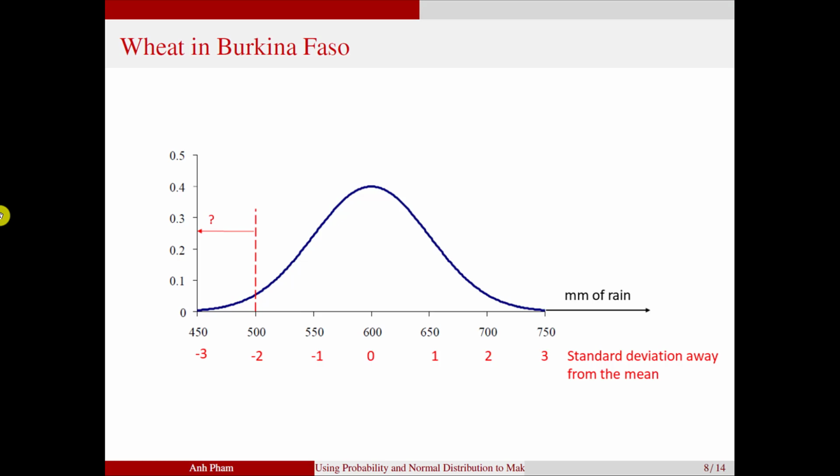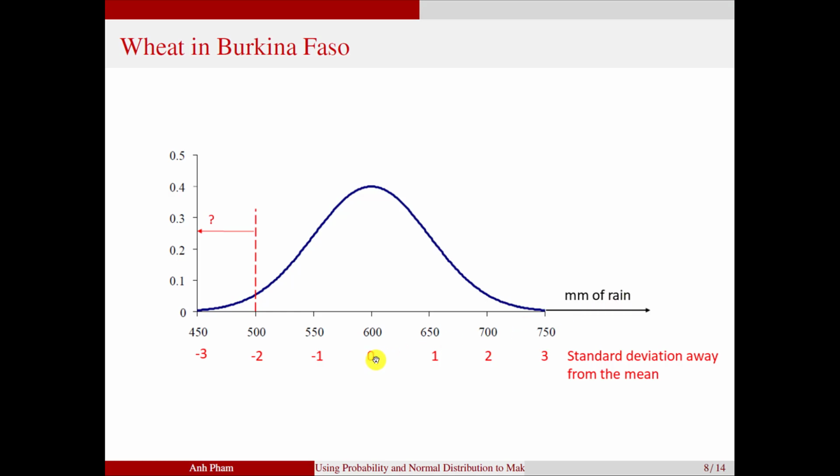That is how we transform a regular normal distribution into a standard normal distribution. When we label the distribution as 550, 600, 650, the unit of our observation is milliliters of rain.